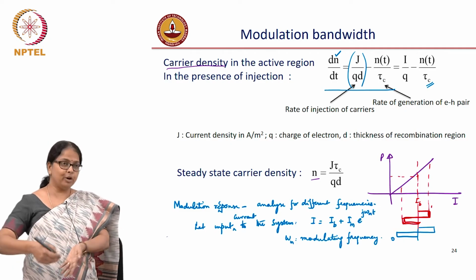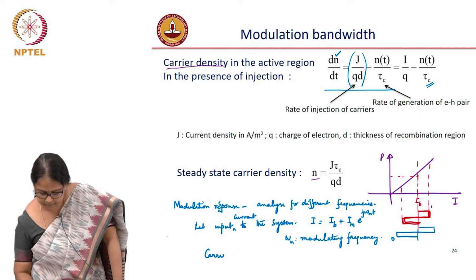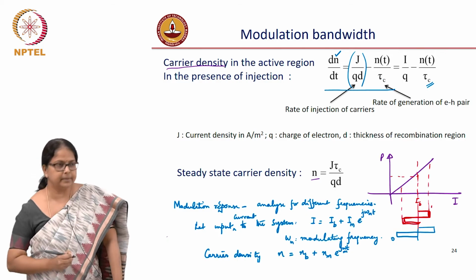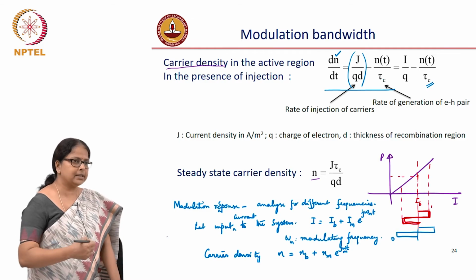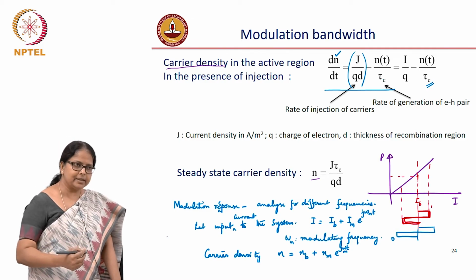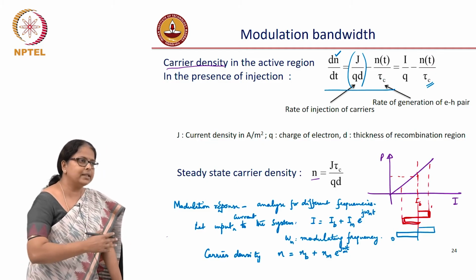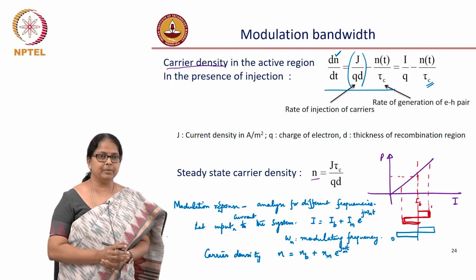That is supposed to respond to this current, which means that my carrier density, let us say response as n is equal to n b plus n m e power j omega m t. The question we are asking ourselves is the carrier density responding at the same rate as that of my incident current, or is there a sluggishness in the response? That is what we are trying to find by finding the modulation bandwidth.